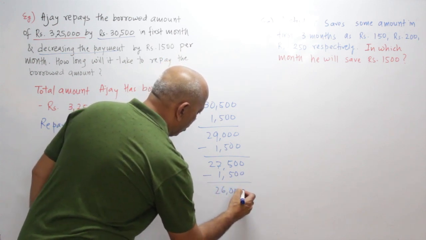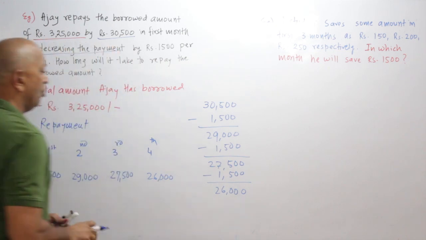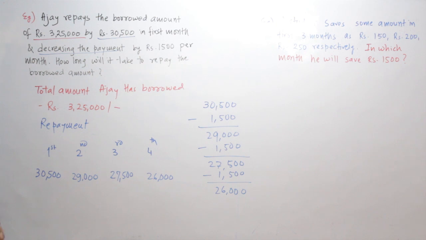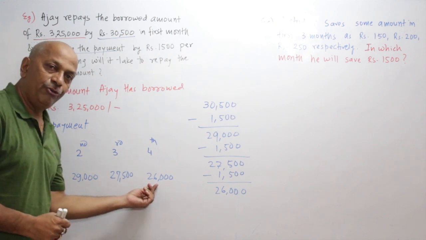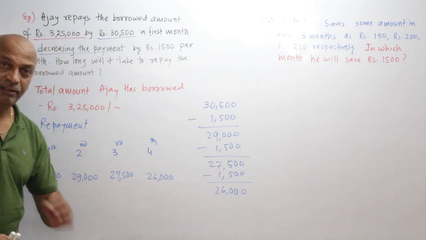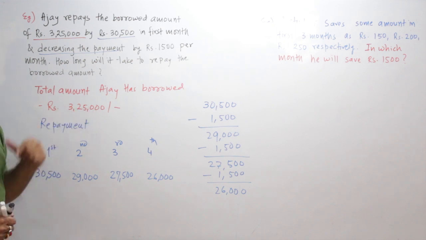So he has paid 26,000. So likewise, he went on paying certain amounts in every month, which is decreasing by 1,500 till he repays the principal amount of 3,25,000. Till he repays the whole amount of 3,25,000.